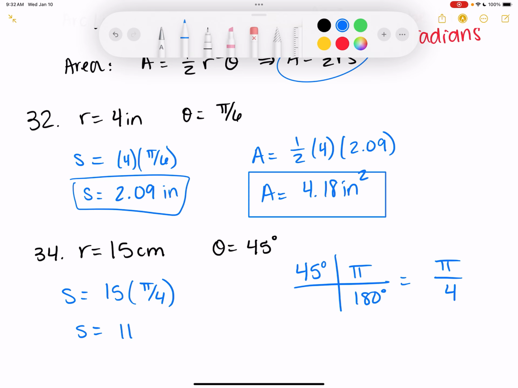Two decimal places. Unless it's just a 0. Is it a 0? Okay. And units are centimeters.